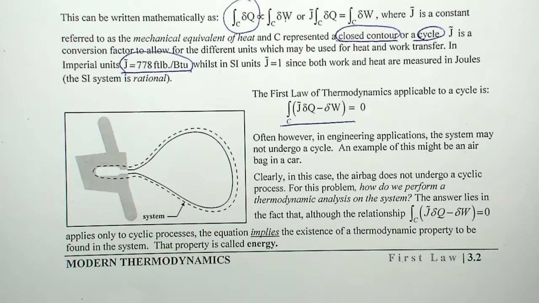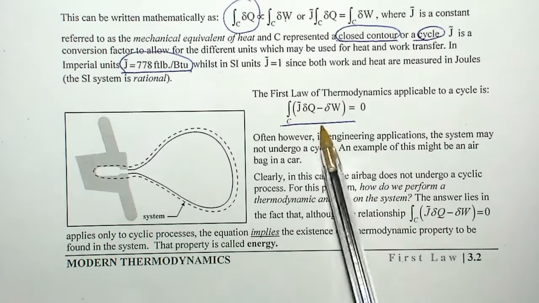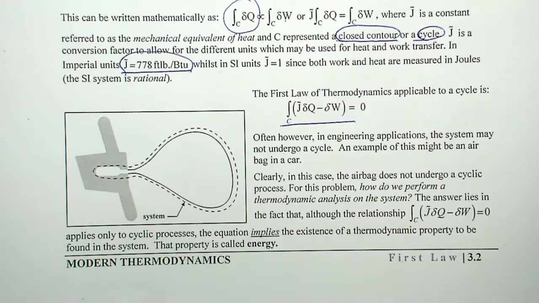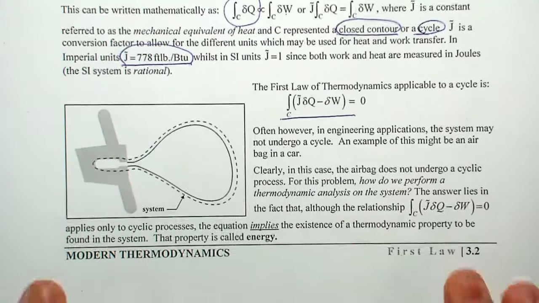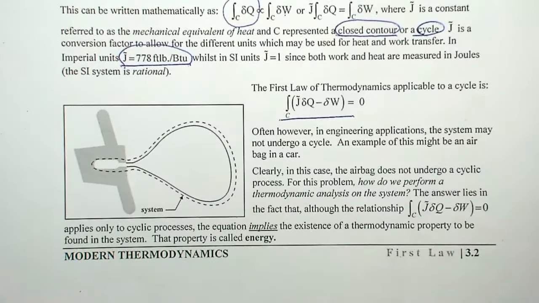Now, if you think about this equation when it comes to the airbag, what it implies is that there has to be something else which would relate the work and heat, and that something else is the internal energy which is stored within this airbag design, and it's actually released upon activation. And whether it results in work or heat or whatever, or both, that's a separate issue.